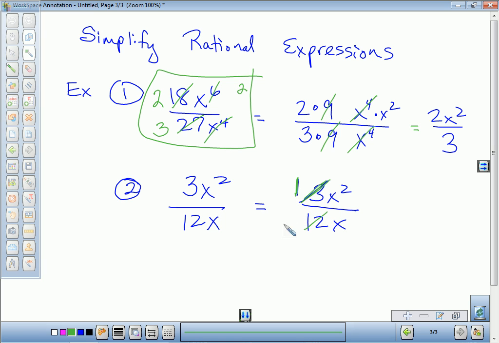And then 3 goes into 12 how many times? 4 times. So now we've reduced the numbers. And then in the numerator, we have x squared, which really means x times x. And in the denominator, we only have a single x. So this one will cancel with one of those and leave how many? 1. So this simplifies to 1 times x, which is just x, over 4.